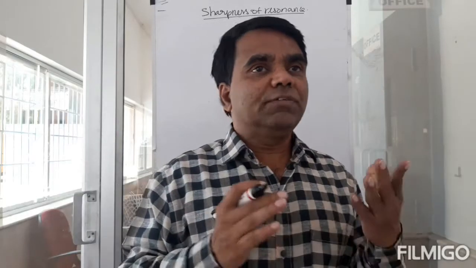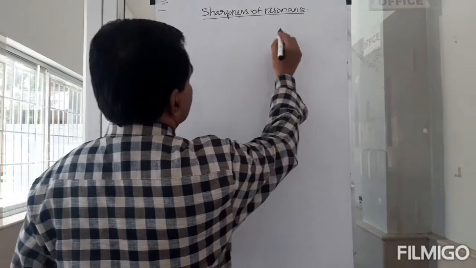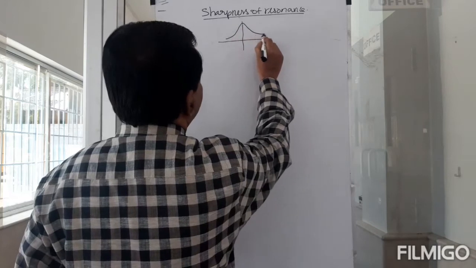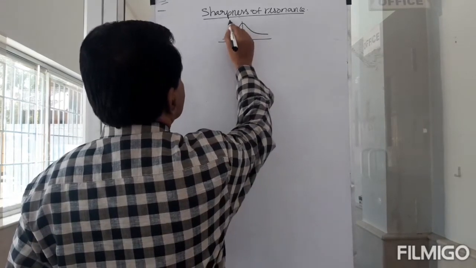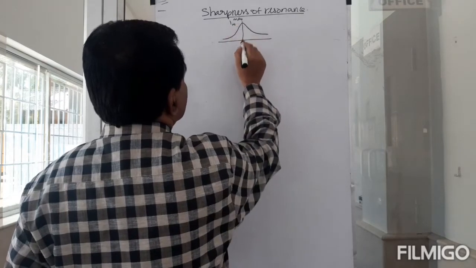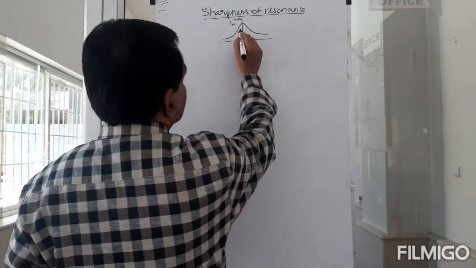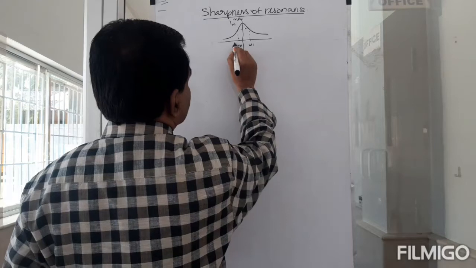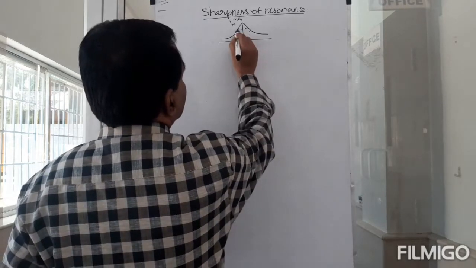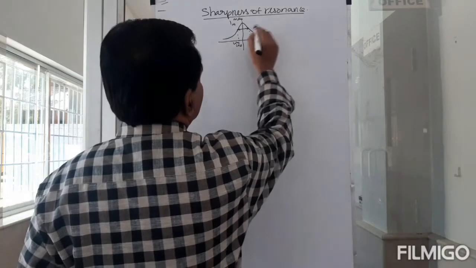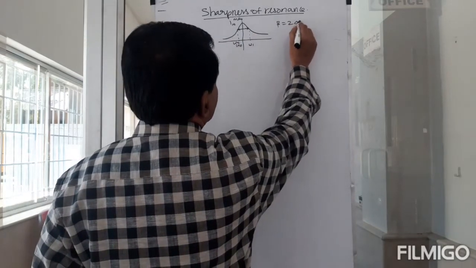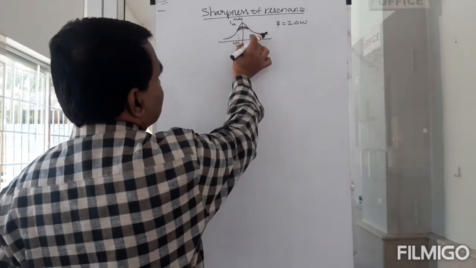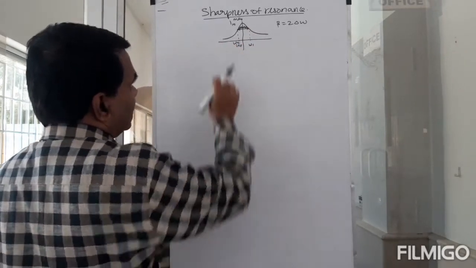Okay, so what have we done now? We've taken this curve. This is IM max, and this happens at the resonant frequency. Then you choose another frequency omega 1, and one more frequency omega 2, and we have defined bandwidth as 2 delta omega, where delta omega is the difference between omega 1 and omega naught, or omega 2 and omega naught.